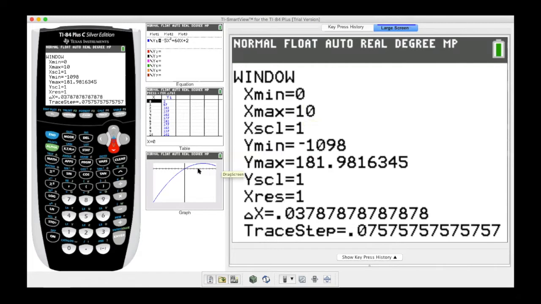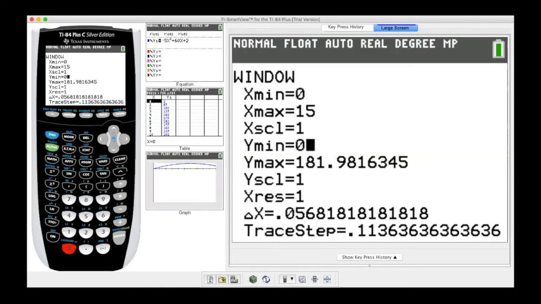Well, I'd like to see a little bit further, so how about we change that to 15? Some of this is just guesswork. X scale 1 is fine. Y min, again, we don't need anything into the negatives because the rocket can't go underground. So I'm going to arrow down to Y min, make that 0.